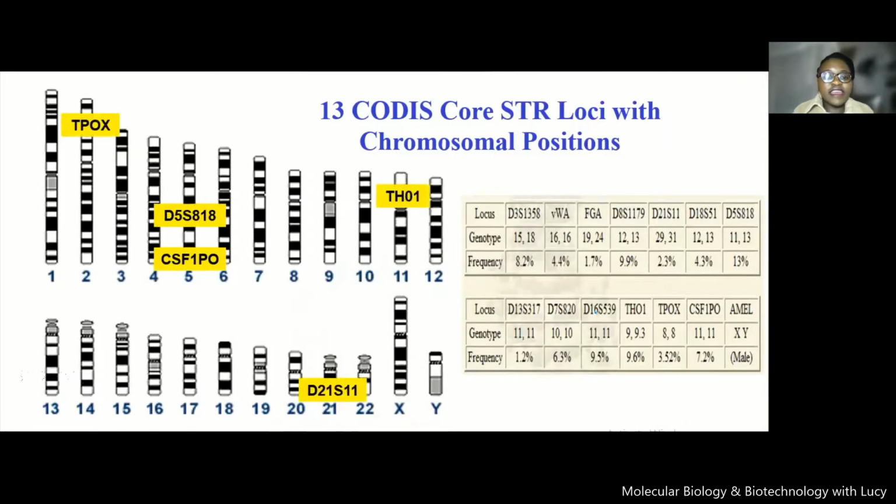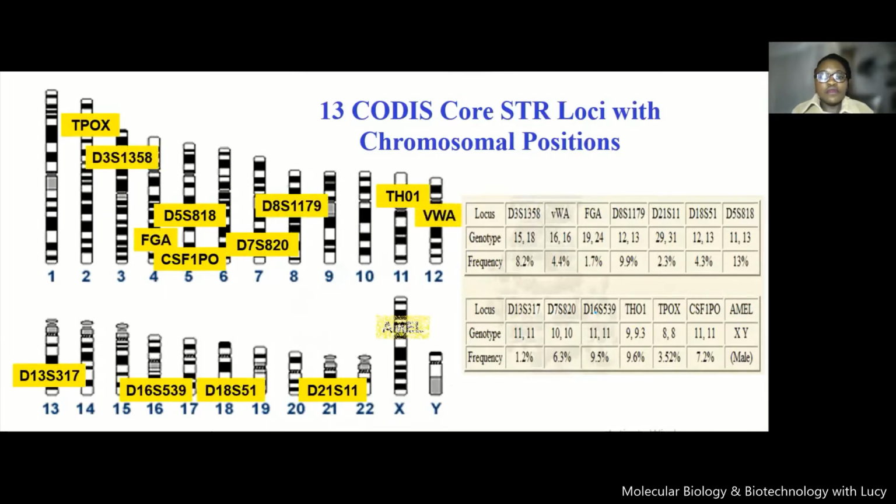So essentially, these are now the STR loci with their chromosomal positions. At what chromosomal position are we talking about? Usually we use around 13 STR loci. You can use one of them in any investigation, or you can have them multiplexed. That is where you use more than one of these markers.